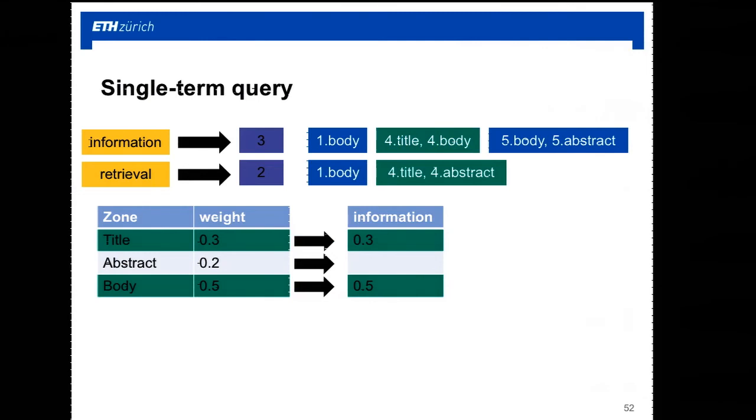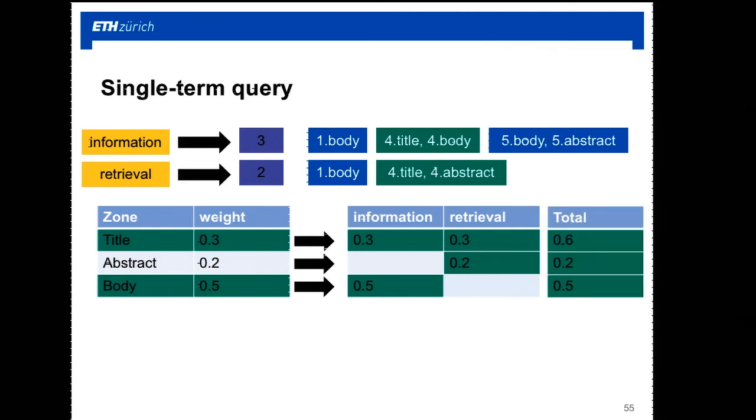So then you can generalize that if you have several terms like information and retrieval, then you look at 2 entries in the index. Retrieval is in title and abstract for document 4, so it's title plus abstract, 0.5. Information is in title and body, so it's 0.3 plus 0.5.